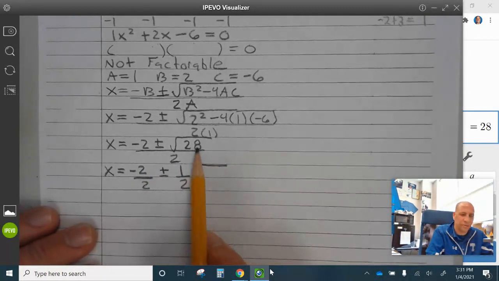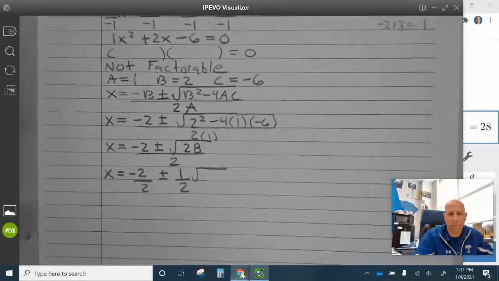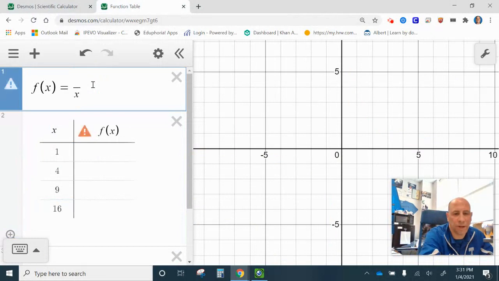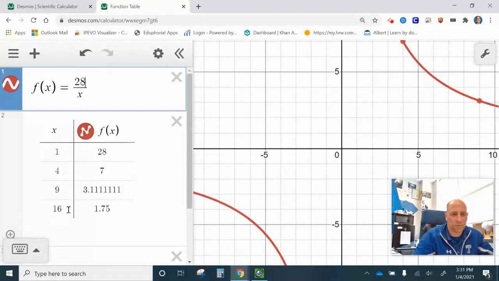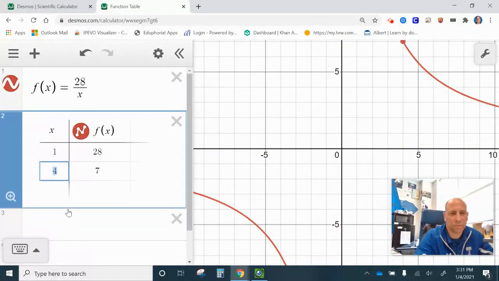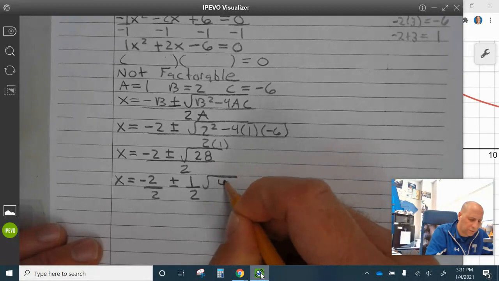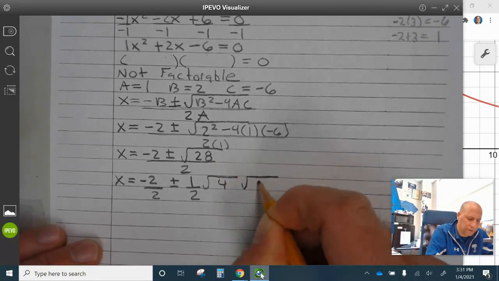Let's see if we can simplify the square root of 28. So over here, instead of 32 divided by x, let's do 28. All right, so 1 works, but it doesn't matter. 4 works, and I believe 7 is a prime, so that's as reduced as it's going to be. So the square root of 28 is the square root of 4 times the square root of 7.